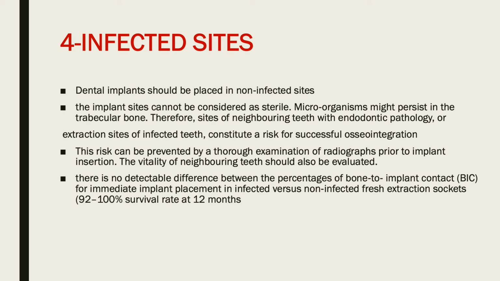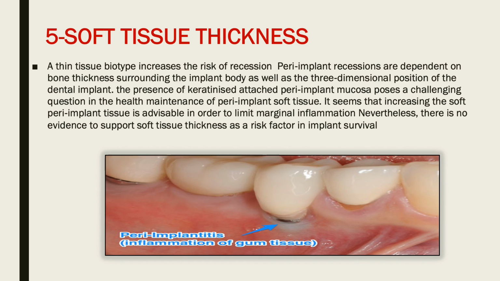The vitality of the neighboring teeth should also be evaluated. There is no detectable difference between the percentage of bone-to-implant contact for immediate implant placement in infected versus non-infected extraction sockets. 92 to 100% survival rate at 12 months.